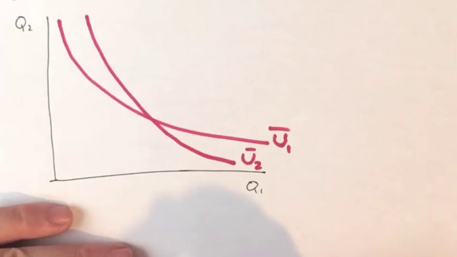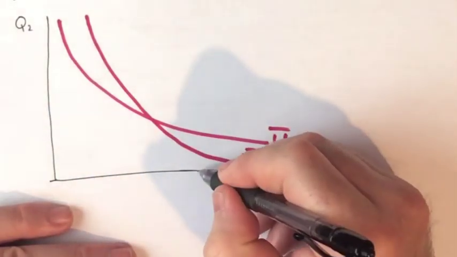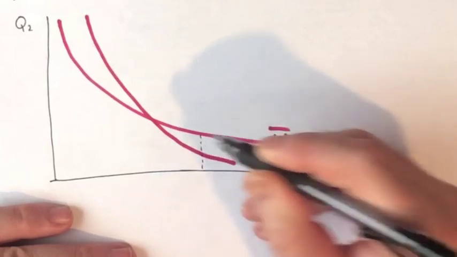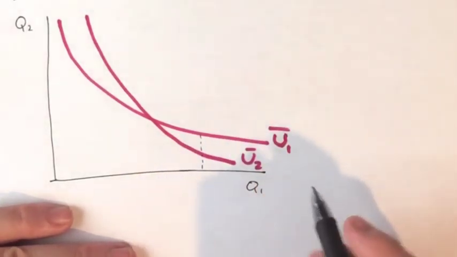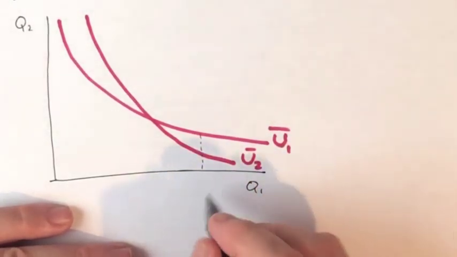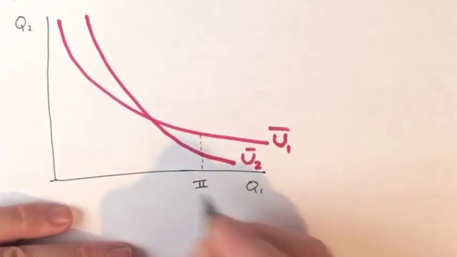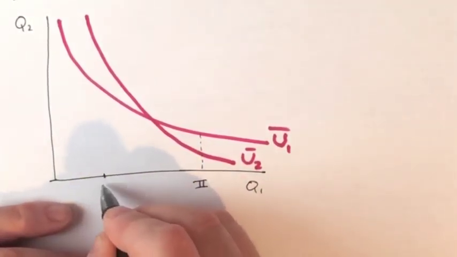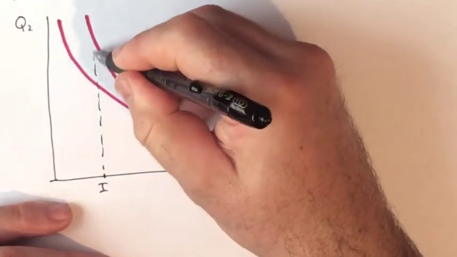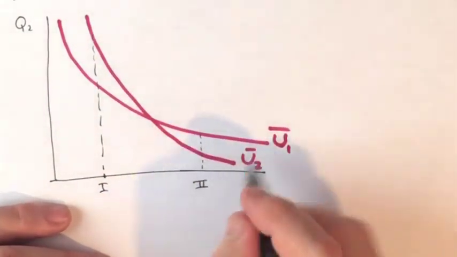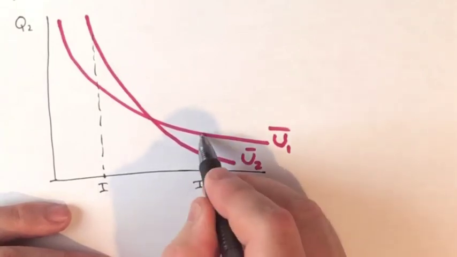Because we can very clearly see that, let's say that we choose a point on the axis, let's call this point 1 and point 2. Right, so we can see.